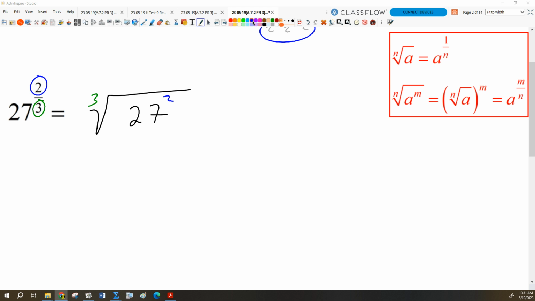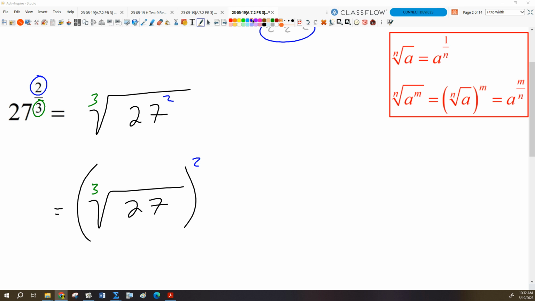What's the other option? What do you got? Okay, we could cube root it first, and then square it on the outside.